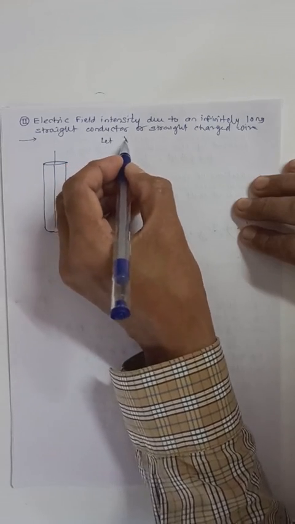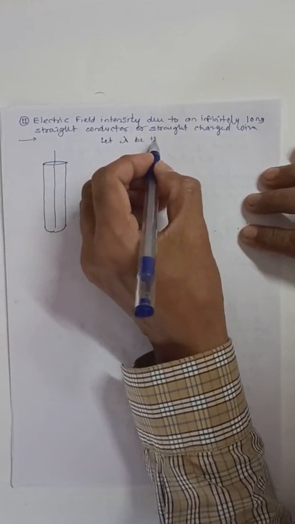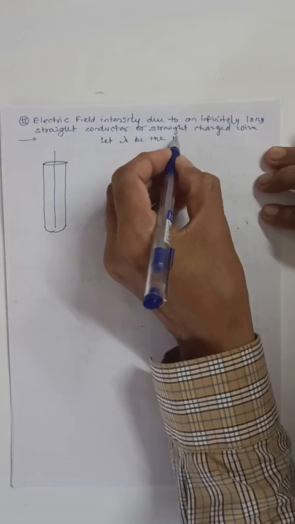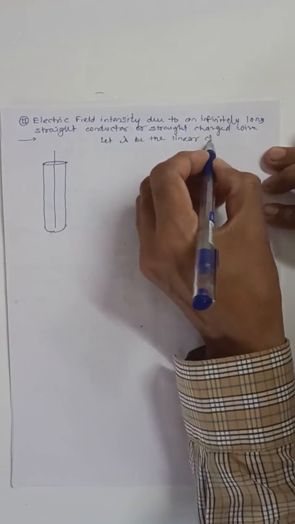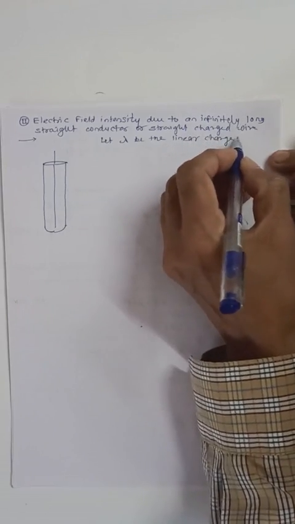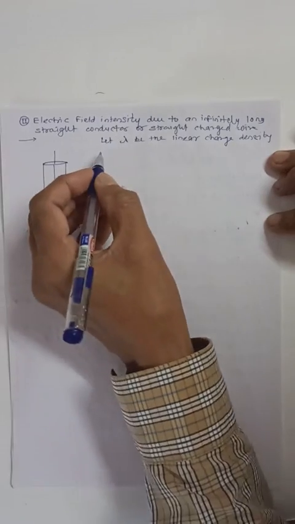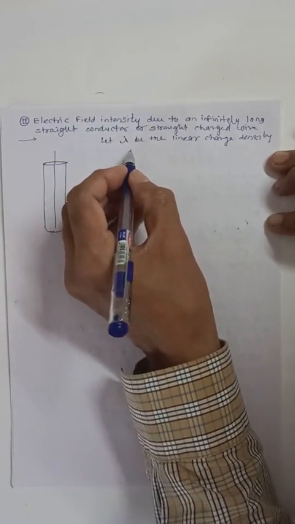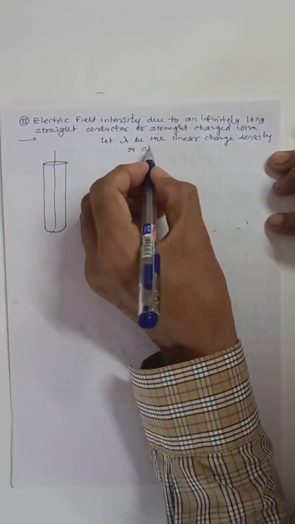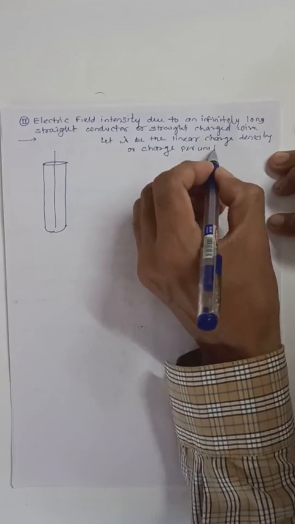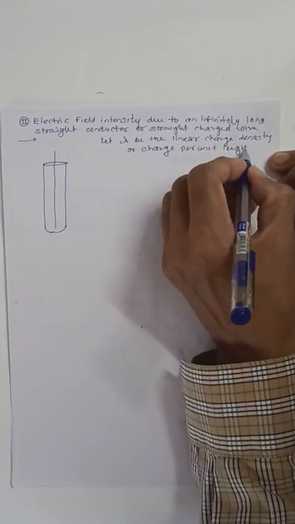Let lambda be the linear charge density, or it is also called charge per unit length.